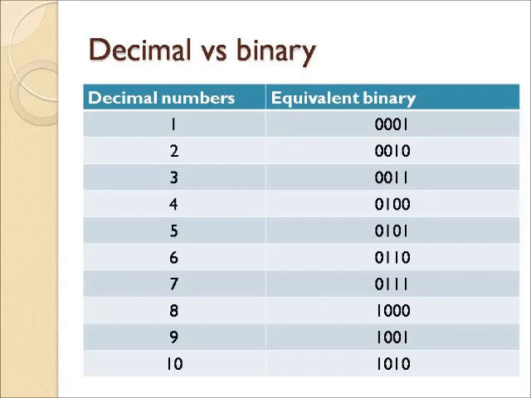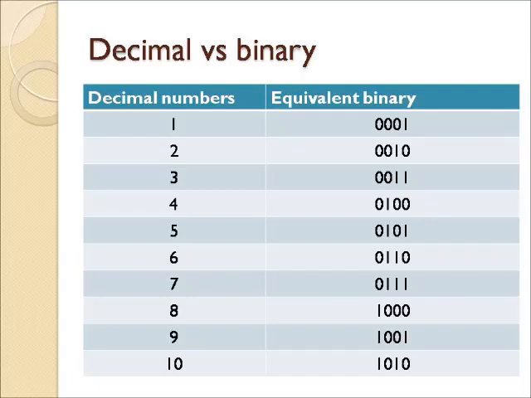Don't worry, I'll teach you how to convert decimal to binary and binary to decimal. Please have a look here: for 1 it is 0001, 2 it is 0010, 3 it is 0011, 4 it is 0100, 5 it is 0101.